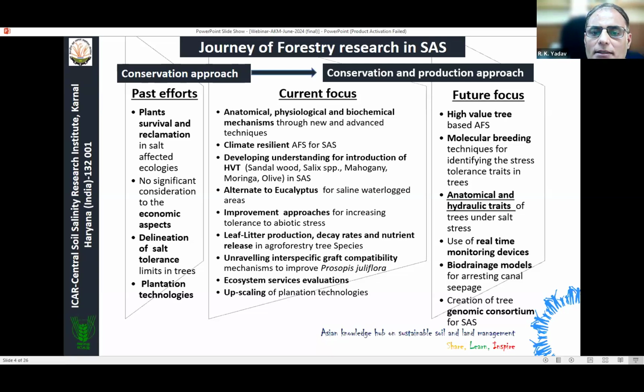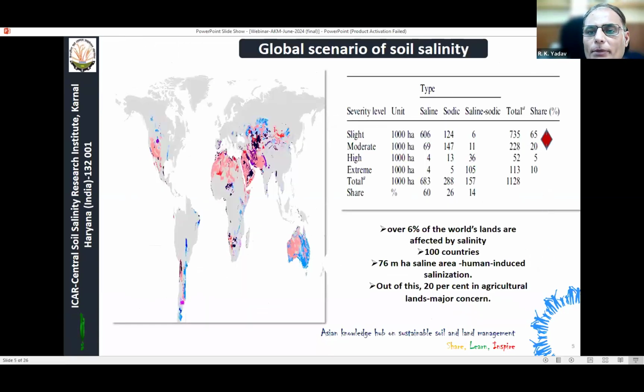So along with this, the institute has come up with different technologies. And for your information, as you know, salt affected soils are present everywhere across the globe. But as far as the Asia Pacific region is concerned, it has a major chunk, and more than 6% of the world area is affected by this particular salinity, and more than 100 countries are facing this problem.